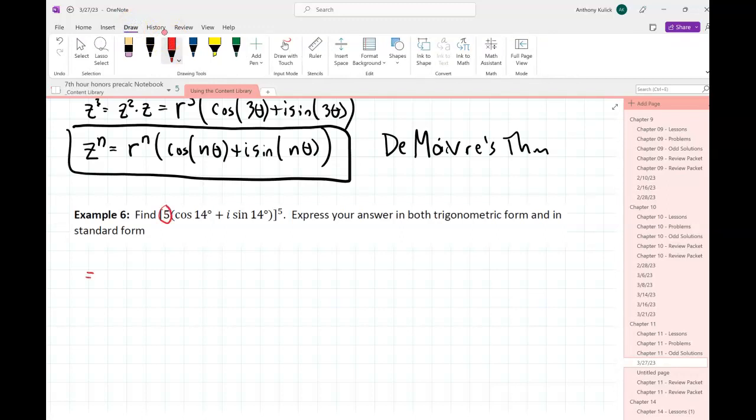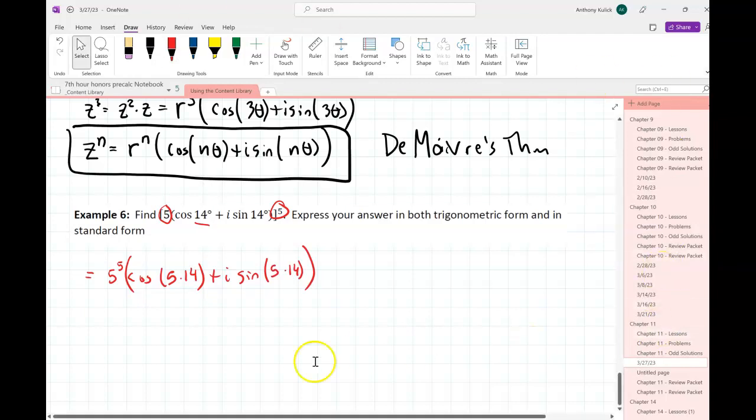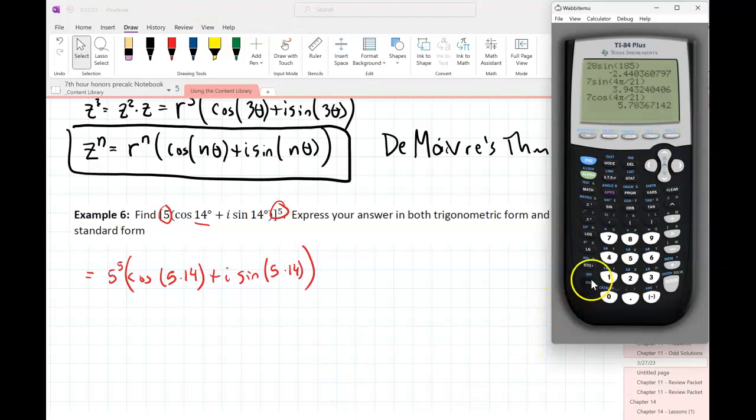So let's see, I'm going to have 5 to the 5th, cosine of 5 times 14 plus i sine 5 times 14. I don't know 5 to the 5th offhand.